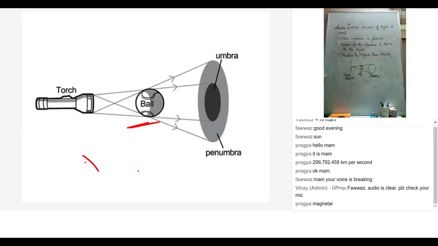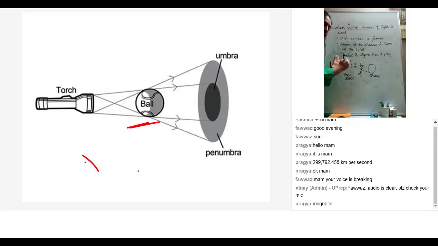Ma'am, I didn't get it. If U is the distance between the point source and the object... I understood everything, but I didn't understand the last point.